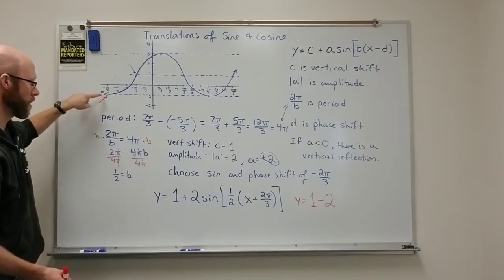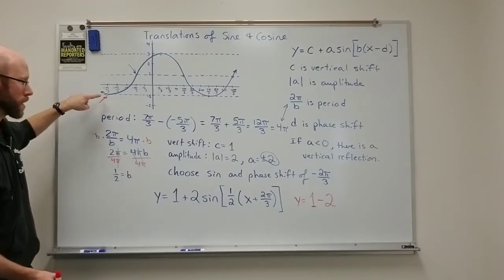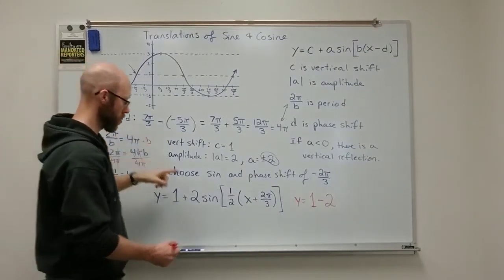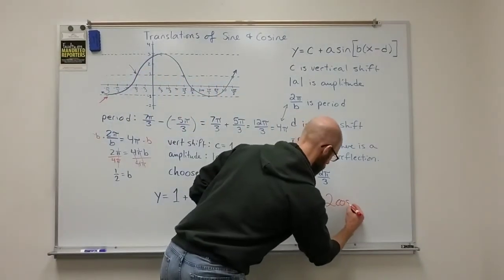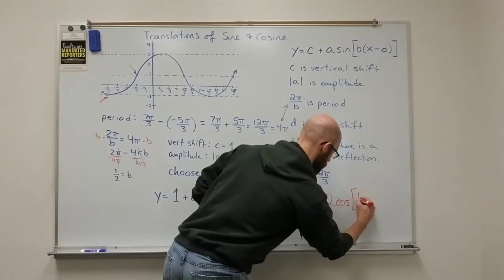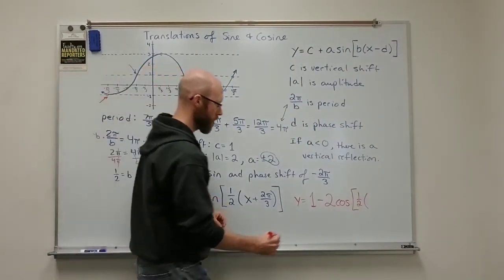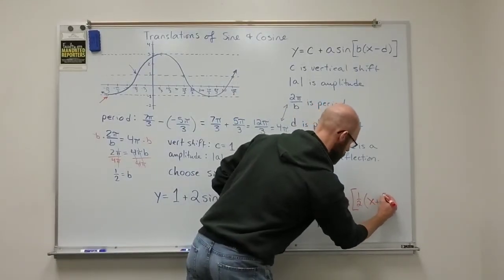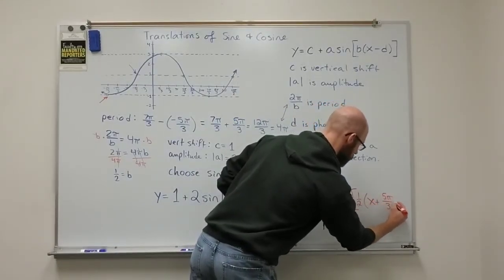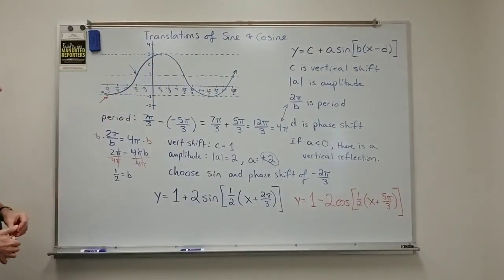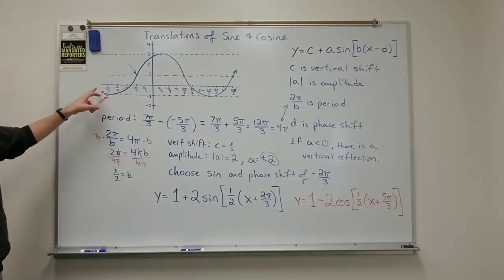And then the phase shift would be different. The phase shift would be -5 pi over 3. So I would use a cosine. I'd still have the 1/2 for the b value, but then I would have x plus 5 pi over 3 as the phase shift.